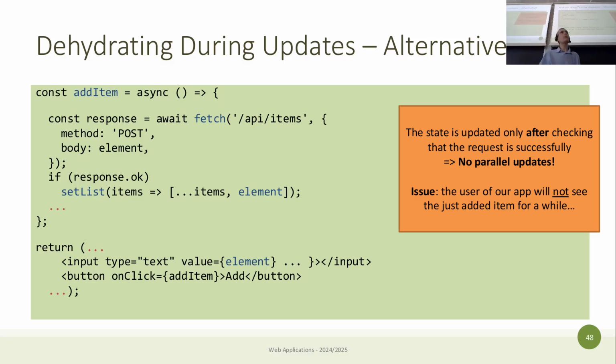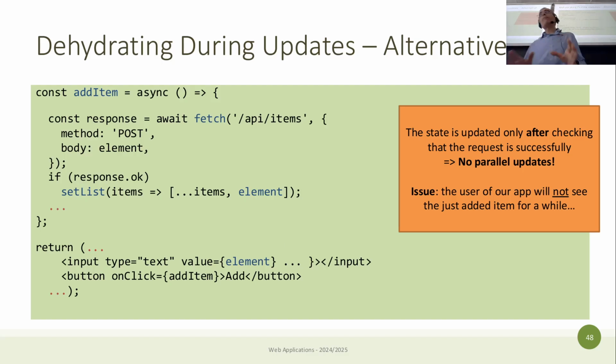So actually, when you implement your actions, you need to decide which kind of path you want to follow, okay? A more risky one, but more friendly for user interaction, in the sense that it immediately shows the result to the user, or a safer one, make the user wait until the operation has been correctly performed on the server.